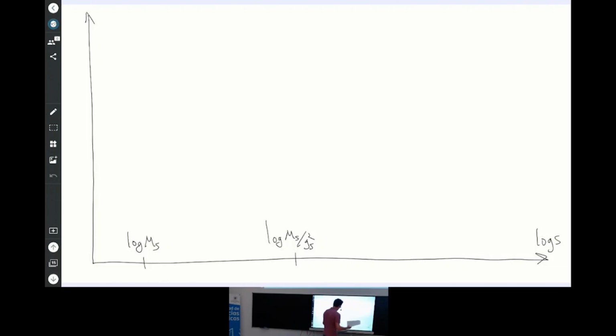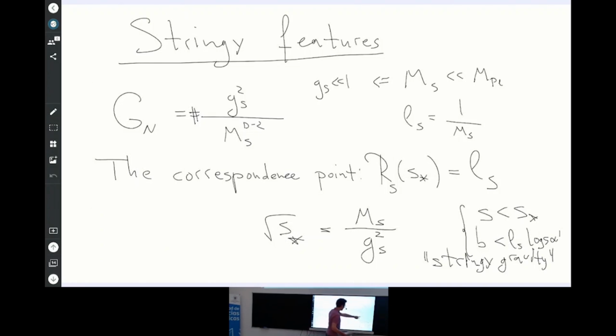So in fact, the guess, again, I'm drawing some picture. What exactly this picture means, it's up to future great papers who will clarify that. This is a scale where Rs is equal to Ls, and it's not M Planck, because M Planck, let me write it here, is MS divided by g string to the power 2 over d minus 2.